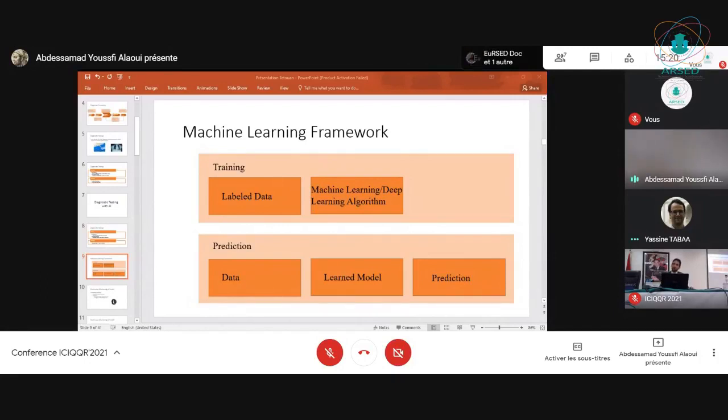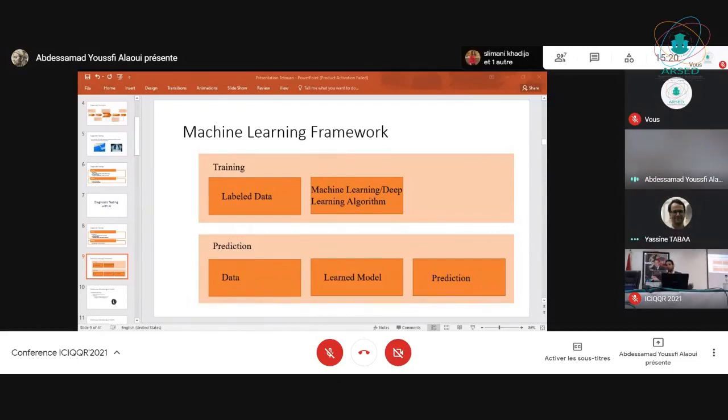After choosing the best model or the best algorithm, we have to look for the good evaluation protocol, for example cross-validation protocol or leave-one-out protocol, in order to validate our model. After the tuning of our model, we have to calibrate it.